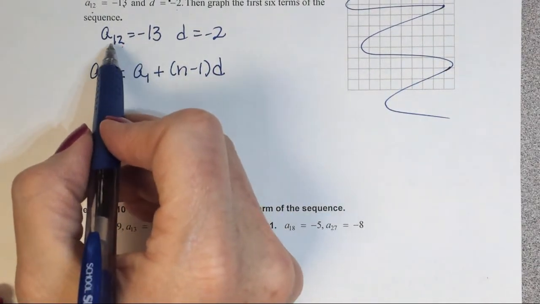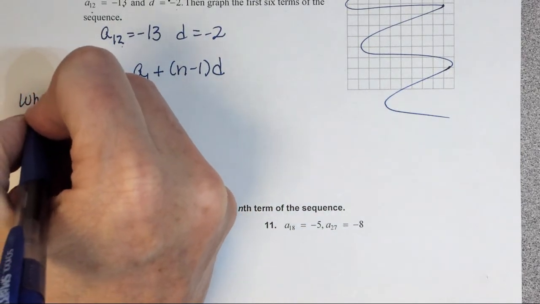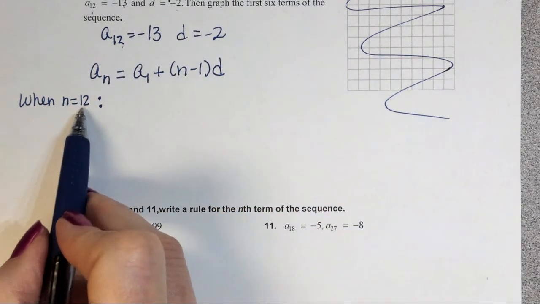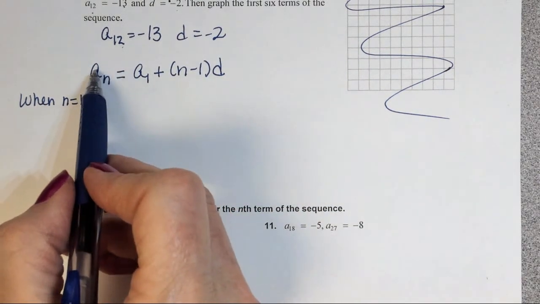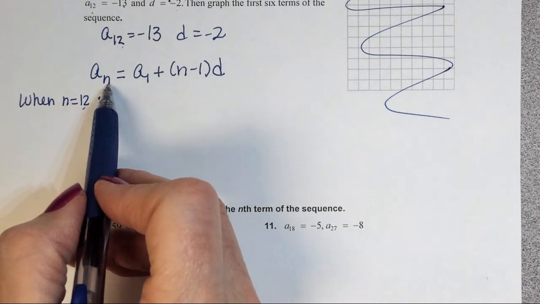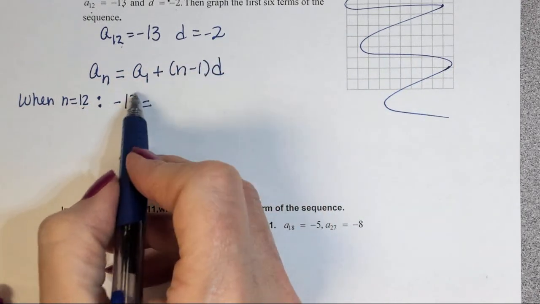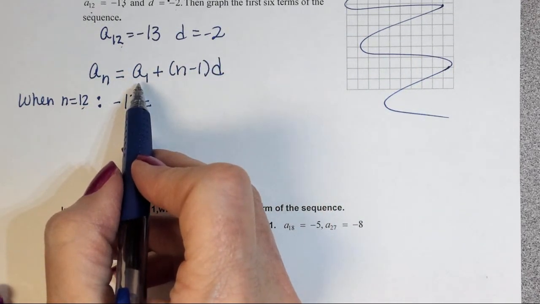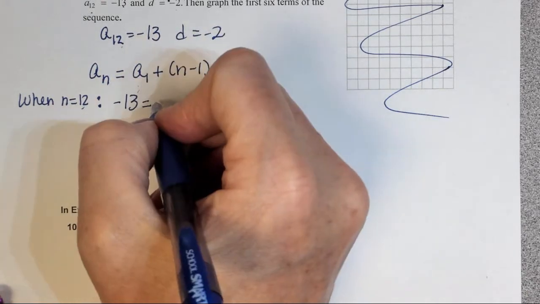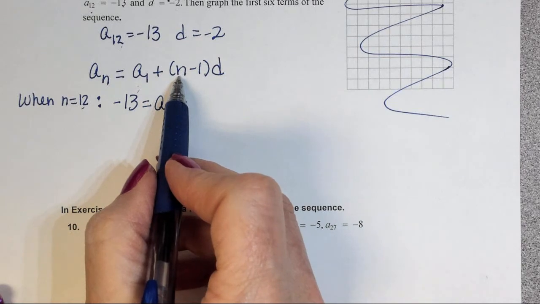They give me a nice piece of information here. They're telling me when n equals 12. What is a sub 12? What's the answer to a sub 12? So I would plug in negative 13 for a sub 12. Do I know a sub 1? No, so I have to just write a sub 1 plus, do we know n?